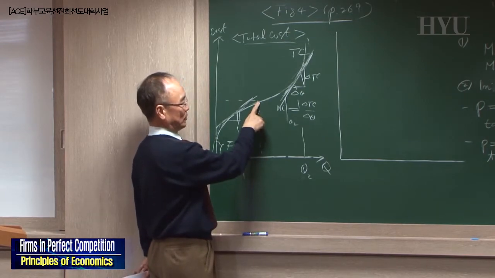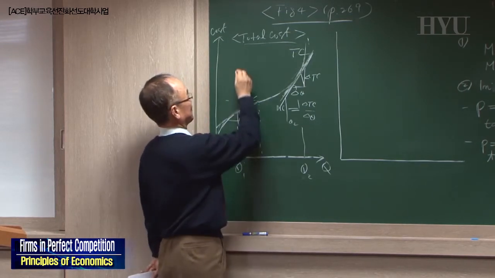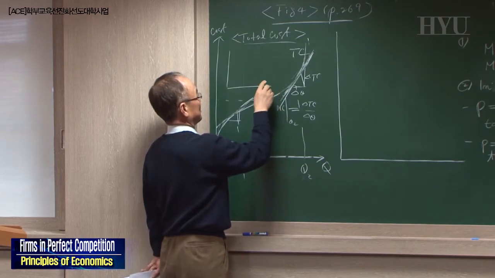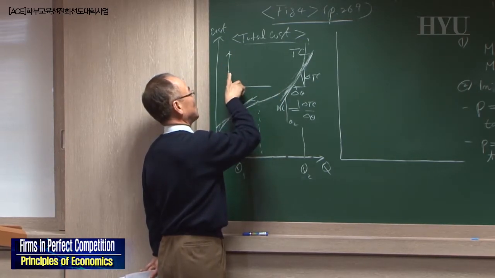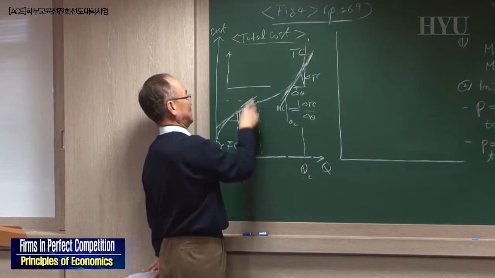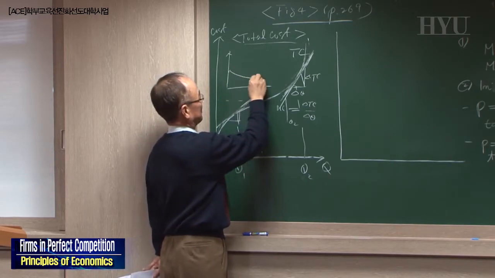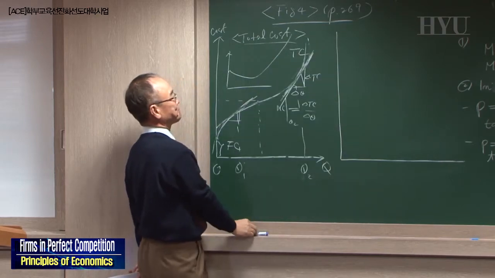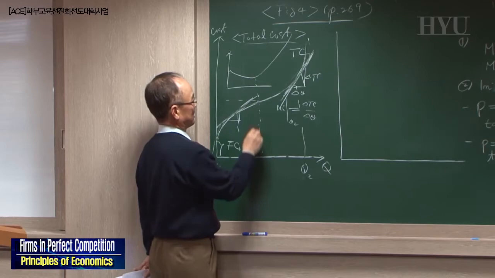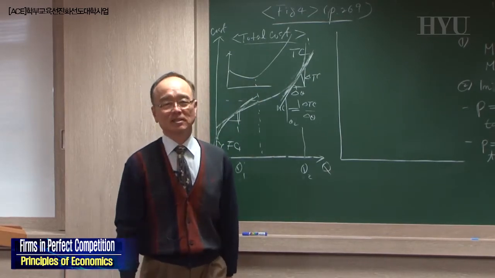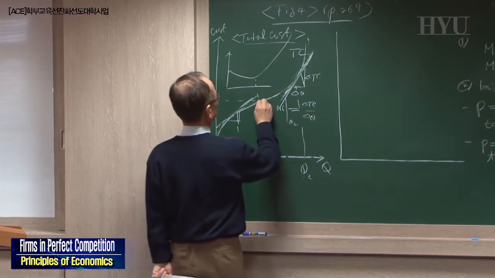Remember, if this is marginal cost, initially we start off with a number, and up to here it keeps decreasing, then turns around. The point where marginal cost is minimum, we call the inflection point.